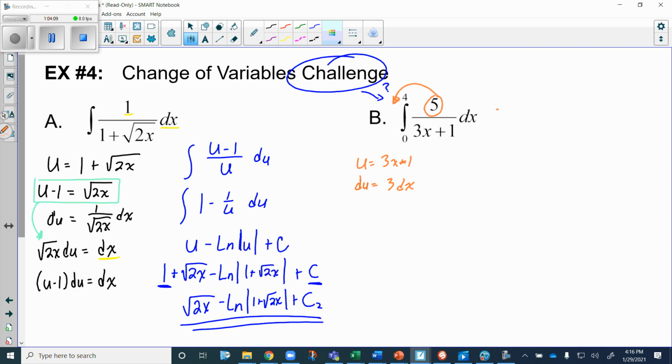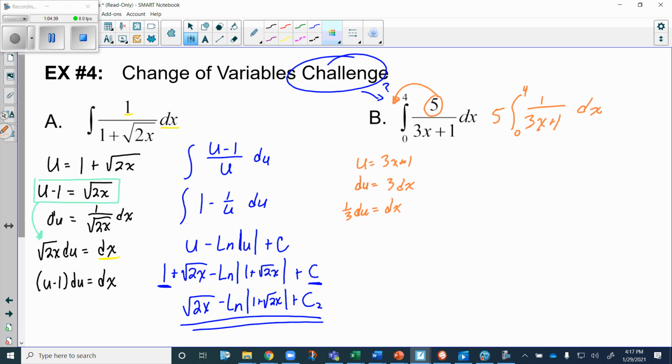So this is really like saying 5 times the definite integral from 0 to 4 of 1 over 3x plus 1 dx. The 3 dx doesn't match the 1 dx in the integrand of the original problem, so I multiply by 1/3, and that gives me 1/3 du equal to 1 dx.